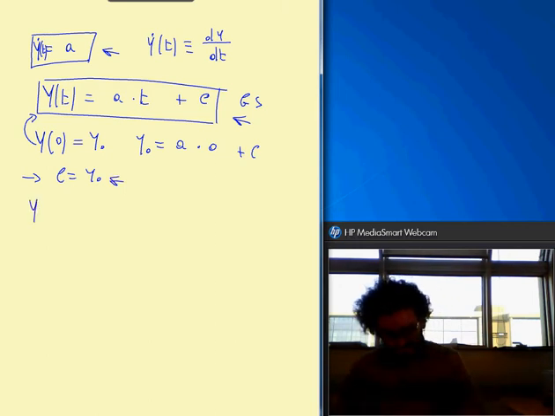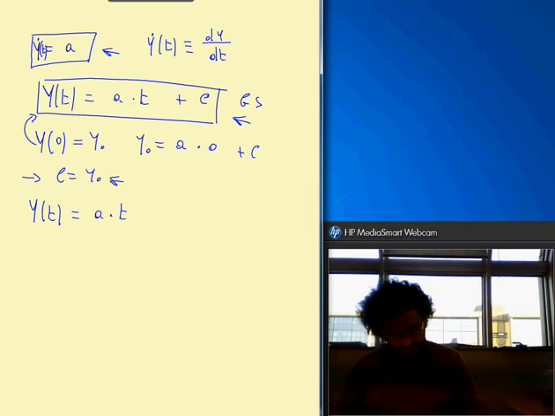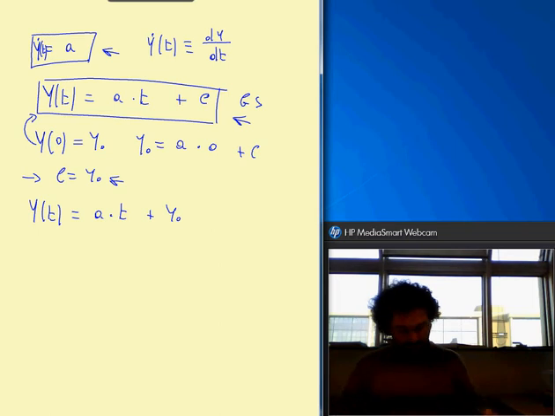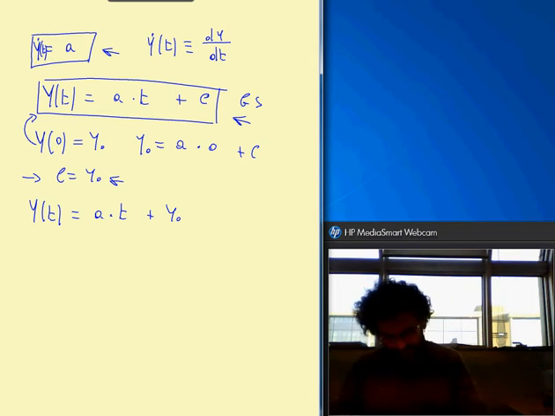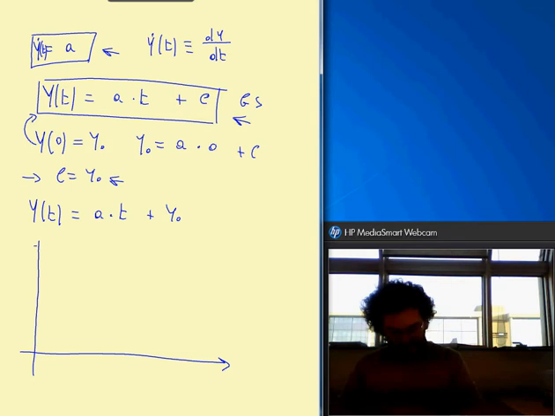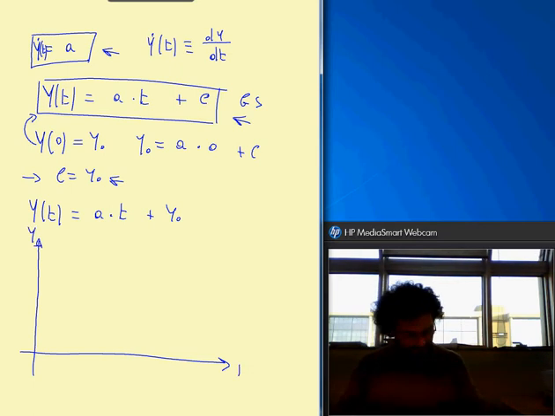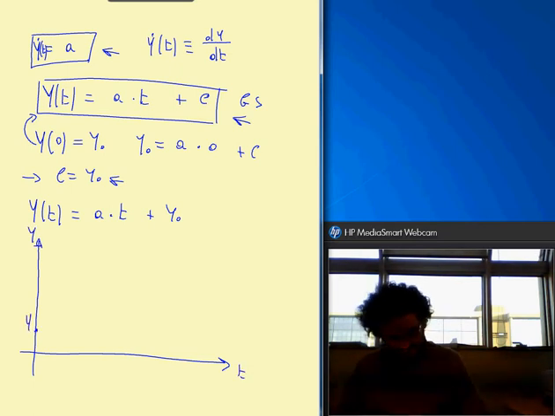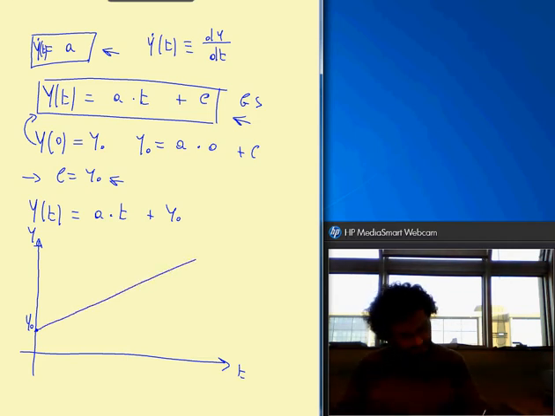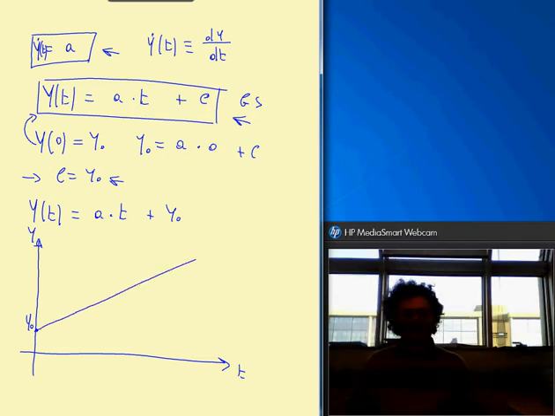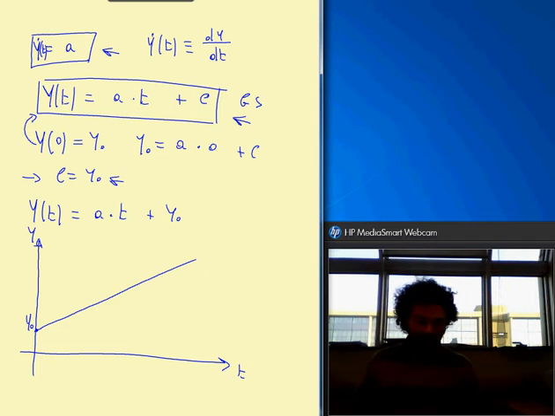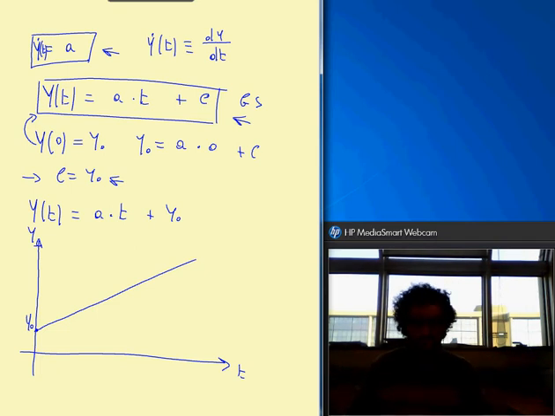So the particular solution is y of t equal to a times t plus y0, which means that if we want to draw this solution, the value of y with respect to time, if this is y0, this is the function y of t, which is linear with respect to time.